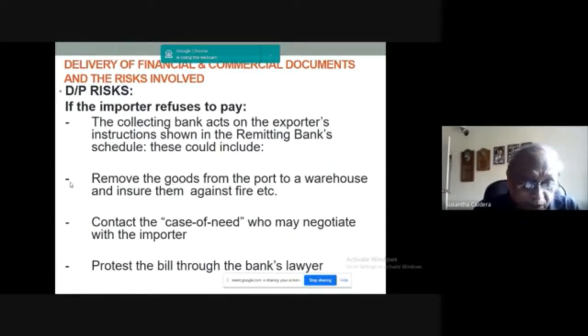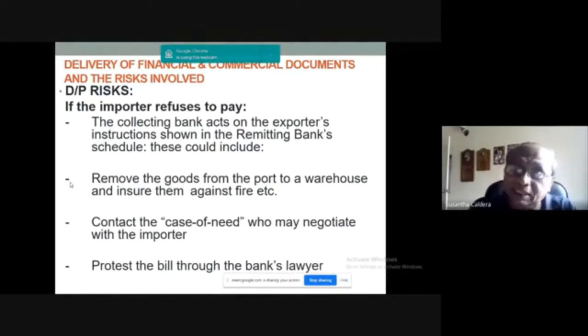Banks have no obligations to take any action in respect of the goods to which the document trade relates. Even though the banks have been instructed to do this and do that, banks have no obligations for any action in respect of goods to which a documentary collection relates, including storage and insurance of the goods, even when specific instructions are given to do so.